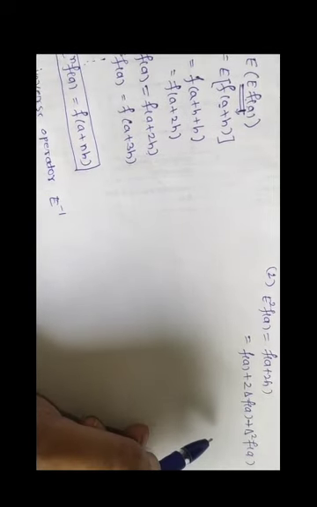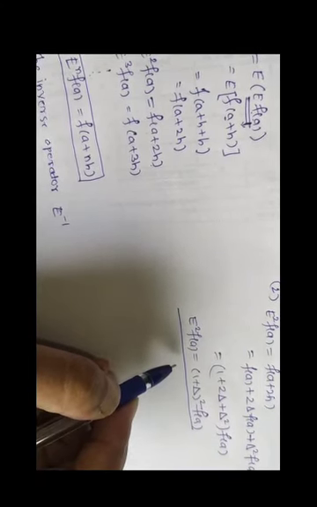We know this. Taking f of a common, we get (1 plus 2 delta plus delta square) into f of a, and this can be written as (1 plus delta) square f of a.